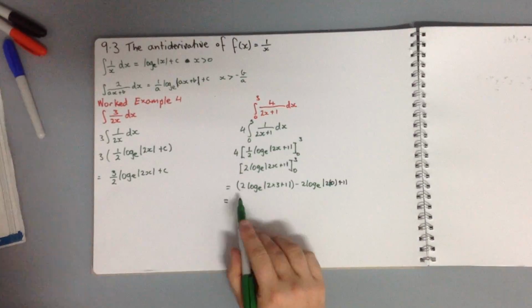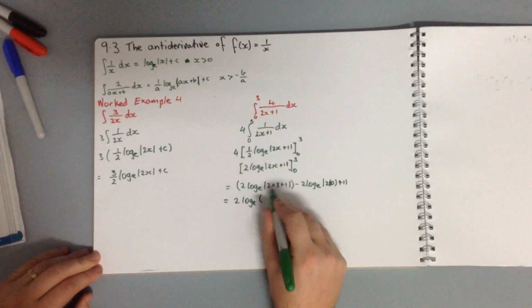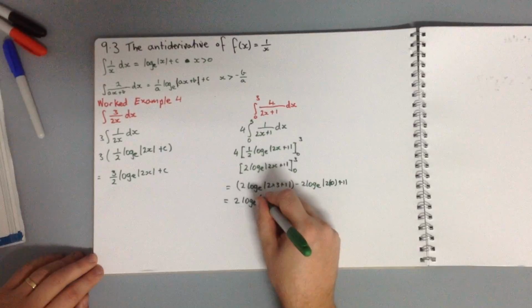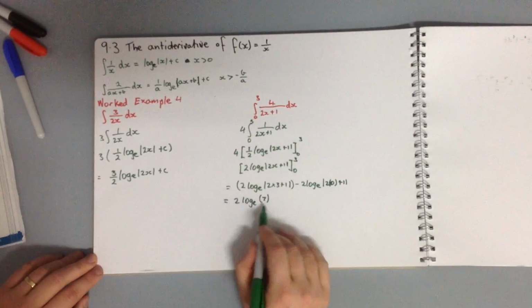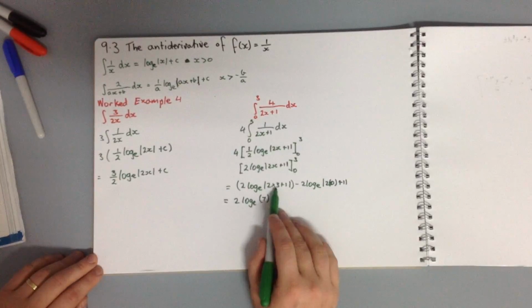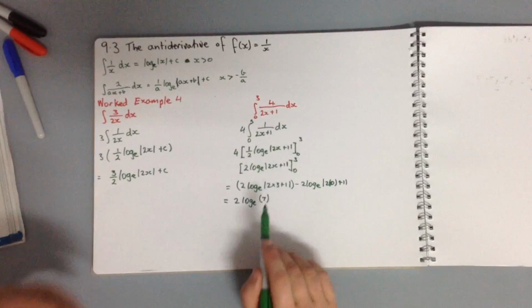So that means that we're 2 log to the base e of 2 times 3 is 6, plus 1 gives us 7. It was positive, so we can just ditch our modulus signs and just leave it as brackets now. If it was say 2 times 3 minus 8, then we would have had negative 2 and we would have needed to make it positive.